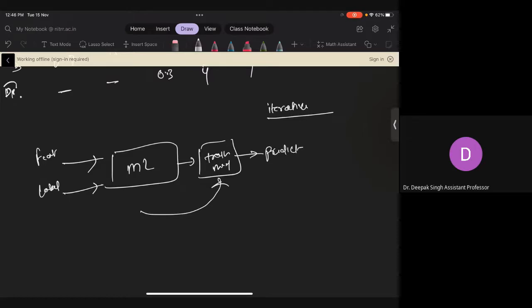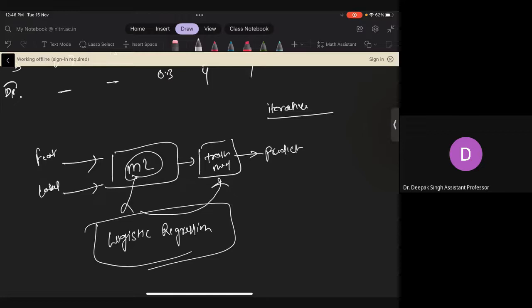Let's imagine this machine learning model to be logistic regression, an algorithm. Just imagine it, don't go into the background right now. Imagine that it's a black box which will take some input and give you output, corresponding to 1 or 0 if it is binary. And if it is real-valued, it will take linear regression, not logistic.